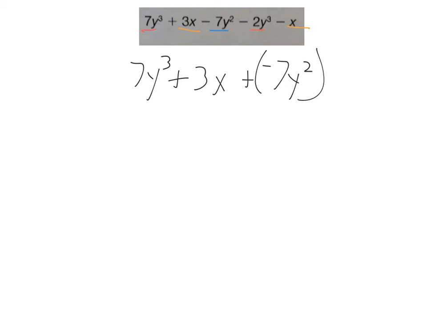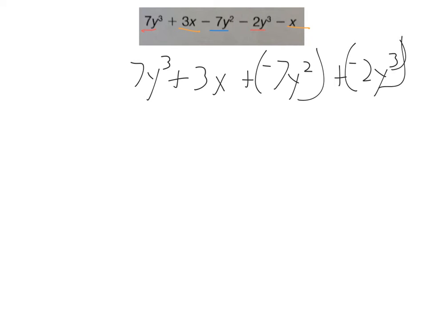The first thing I would do in solving this problem is I would change all your subtraction to addition, so I can then reorder and combine like terms a little bit easier. So 7y cubed plus 3x plus negative 7y squared plus negative 2y cubed.